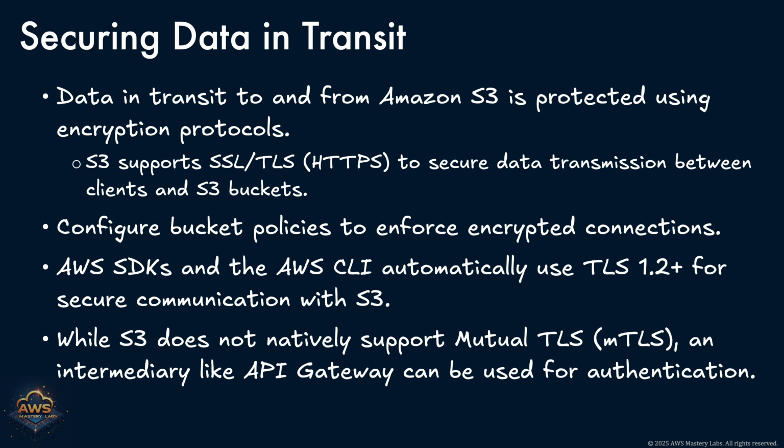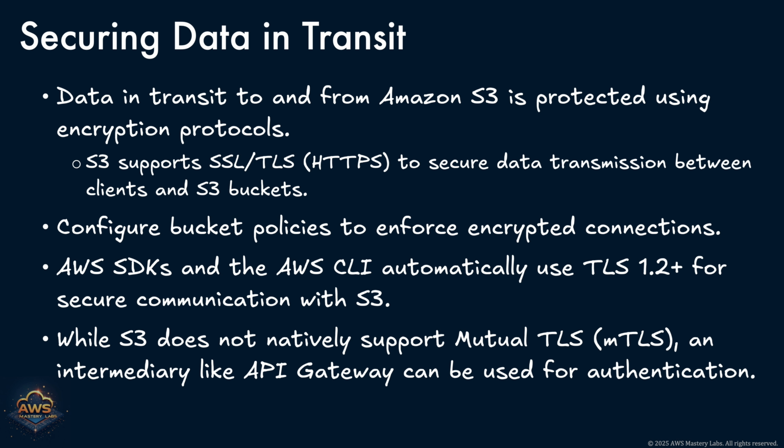In environments where mutual authentication is required, Mutual TLS, mTLS, offers an enhanced level of security by requiring both the client and server to present valid certificates before a connection is established. While Amazon S3 does not natively support mTLS, you can implement it indirectly using other AWS services such as Amazon API Gateway, AWS Network Load Balancer, NLB, and AWS PrivateLink.